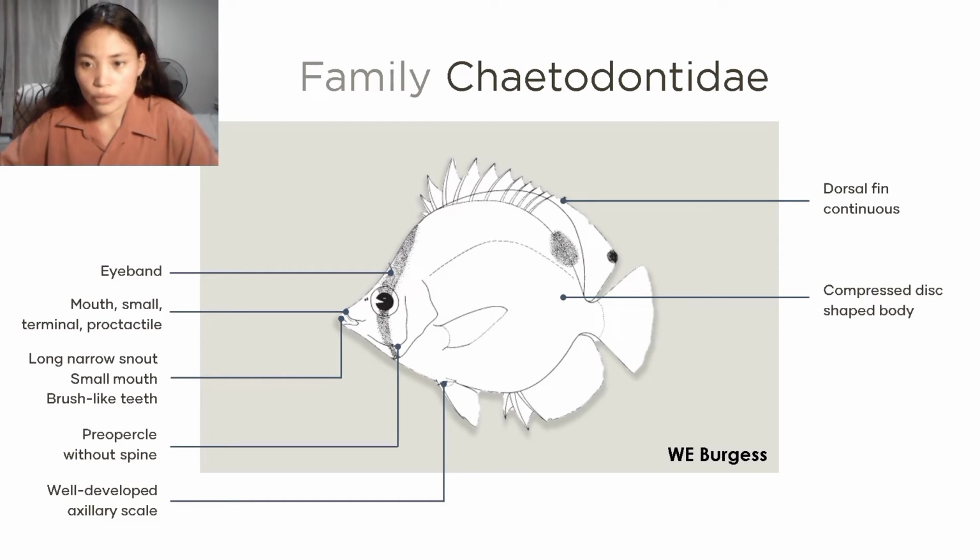Its long, narrow snout is used for grasping prey in small areas. Moreover, its dark contrasting eye band, along with the large spots near the back, serves as confusion tactics to trick predators. They do not have a spine in their preopercle, and they possess a well-developed axillary scale.